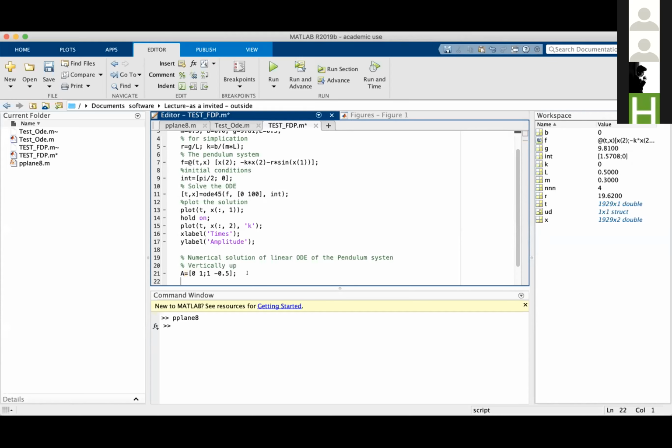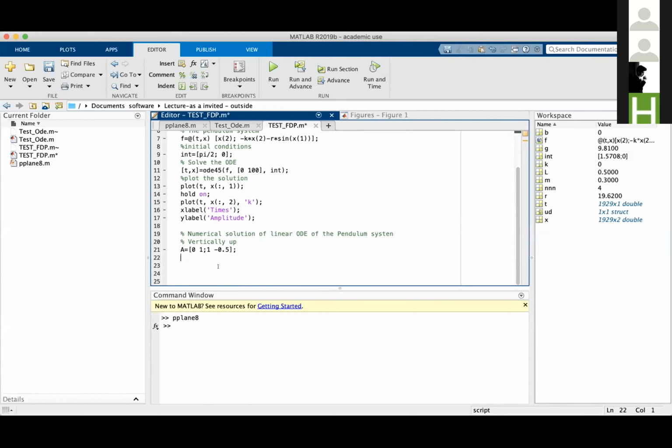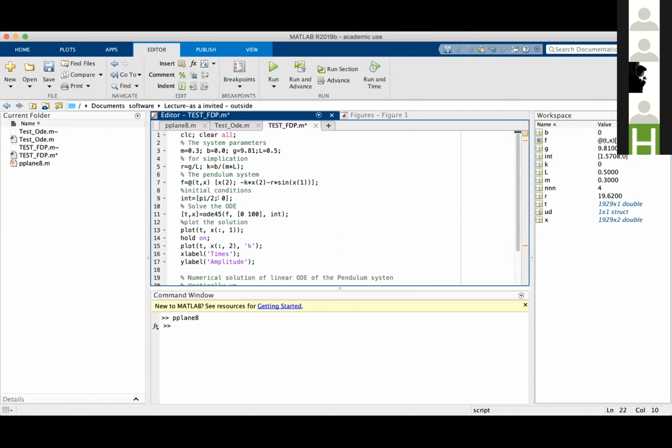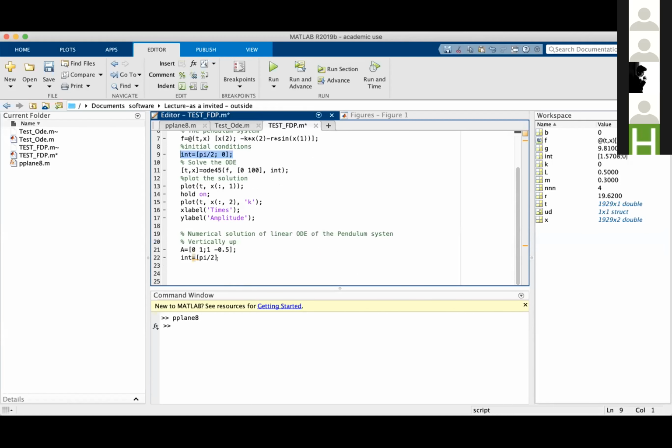Let me take the initial point. Now you can understand, for the vertically up position, the initial point is pi by 2. It is now clear why I have considered this in the numerical analysis.